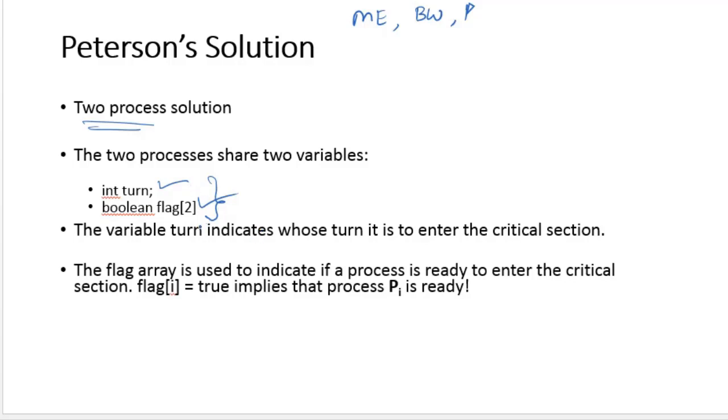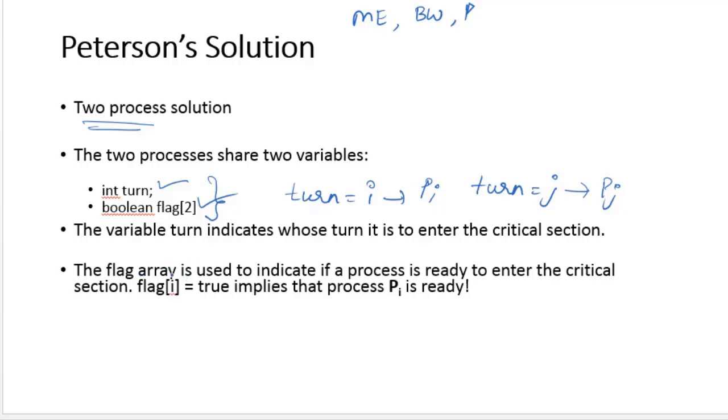If the turn value is i, that indicates that process Pi is allowed to enter the critical section. And if the turn value is j, that indicates that it is process Pj's turn to enter the critical section. We have also used another shared variable called flag.